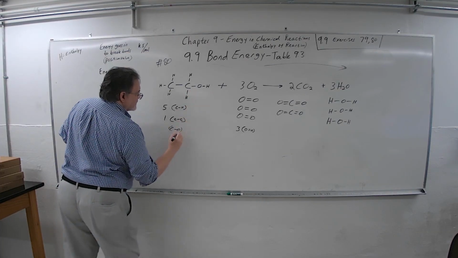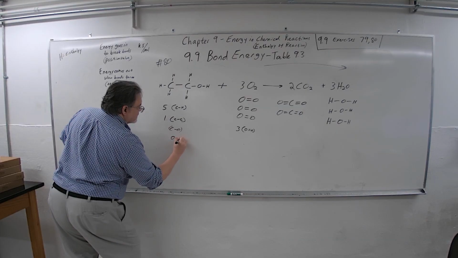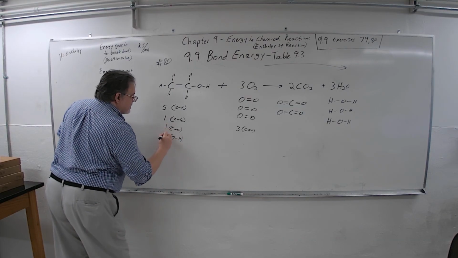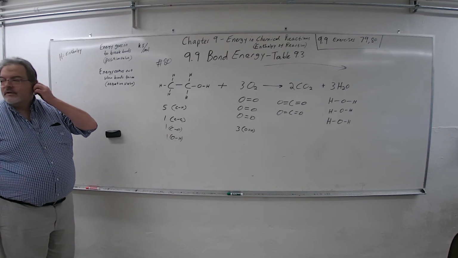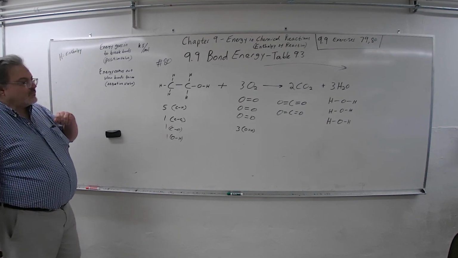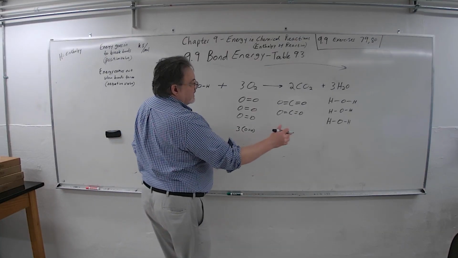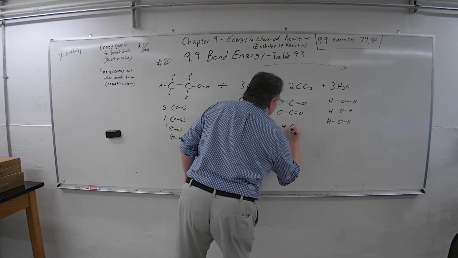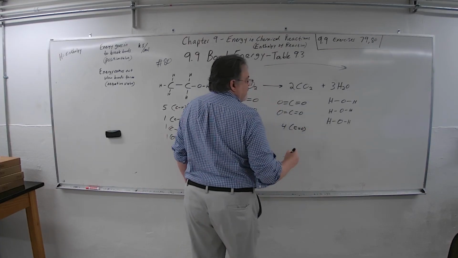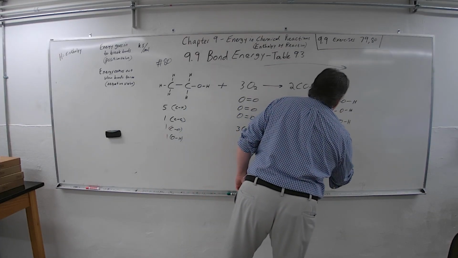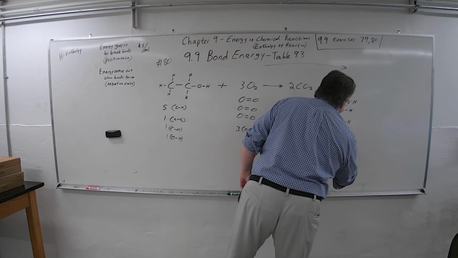And you have 1 oxygen to hydrogen. Those are all the bonds that are breaking. You follow that? And then we have 3 of those. And now forming, we have 4 C to O. Forming here, we have 6 O to H.